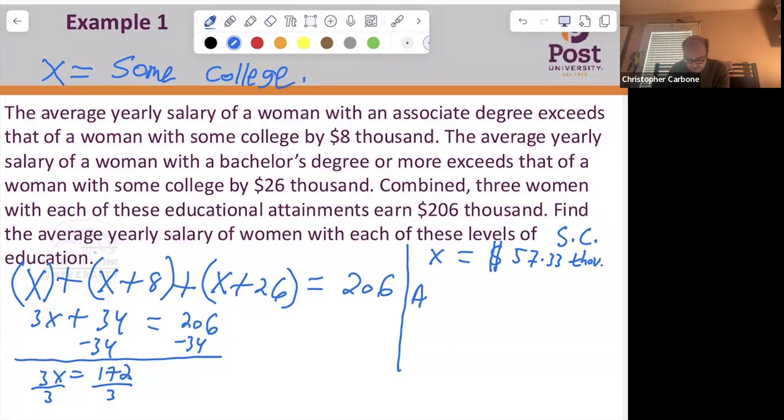For the associate's degree, that was adding 8 to that 57.33, so in this case, 65.33. Again, this is in $1,000. And for the bachelor's degree, they added 26 to the 57.33. So in our case, that was 83.33 thousand dollars about, according to this.